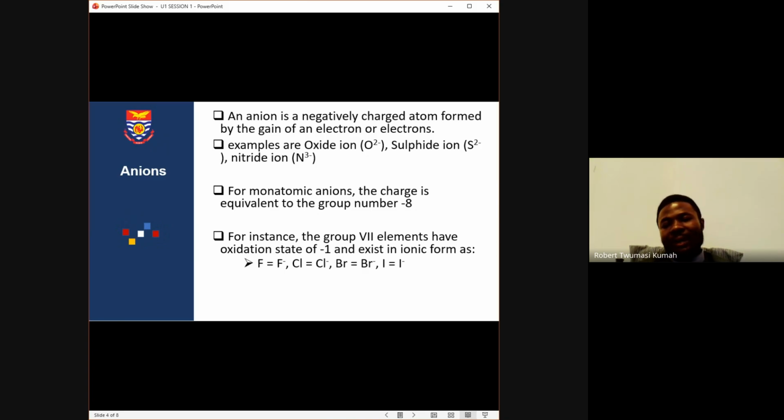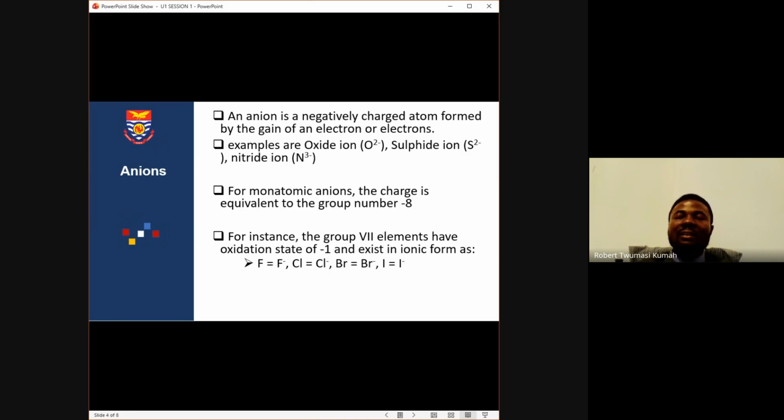Then what happens if instead of losing, the atom now gains? At this point, we are jumping from 4 and taking those that have valence electrons of 5 and above.